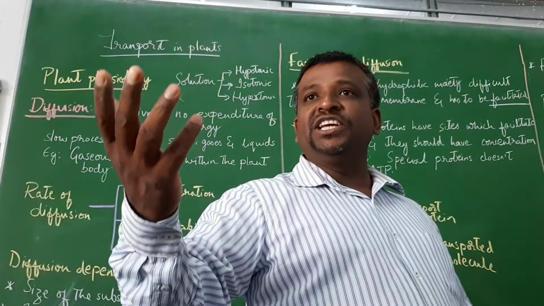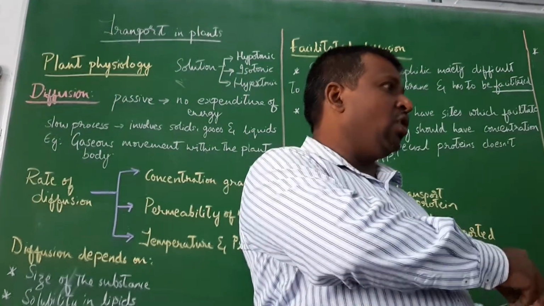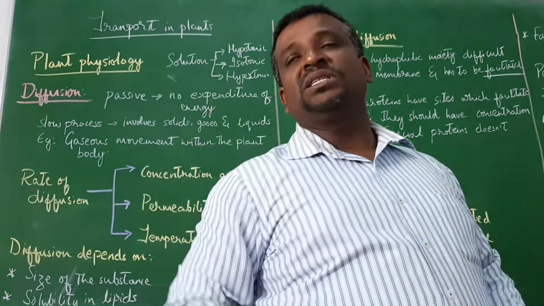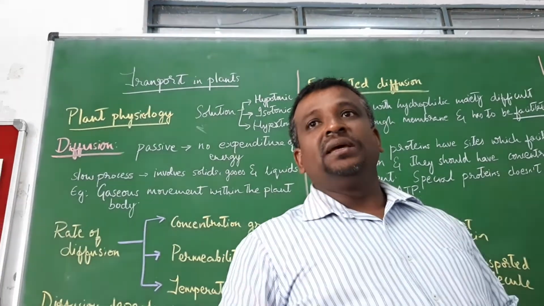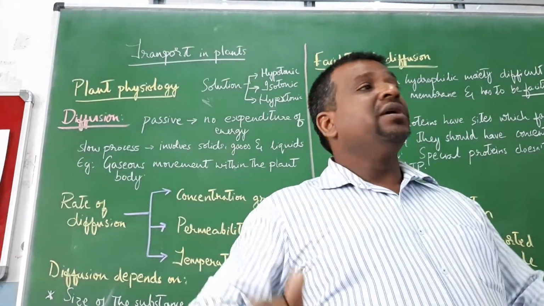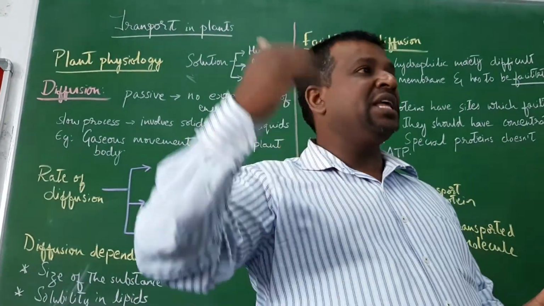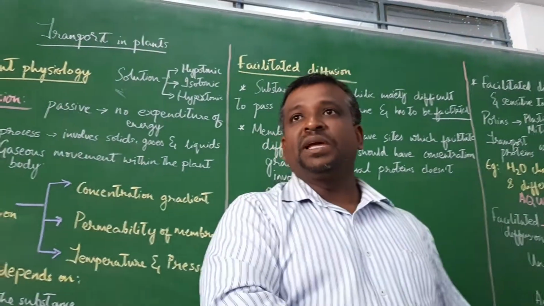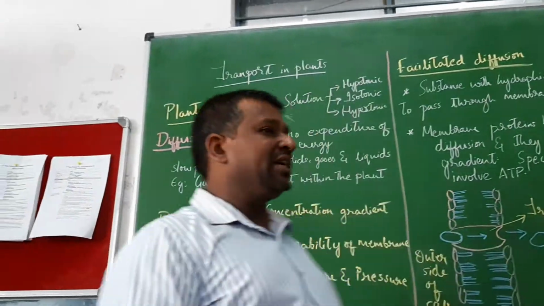Against the concentration gradient is the movement of solids, liquids or gases from a lower concentration to a higher concentration. For that, some expenditure of energy is required. So that is against the concentration gradient, which we are not going to discuss. Diffusion always takes place along the concentration gradient, from the region of higher concentration to lower concentration, and the rate of diffusion will be more if it is along the concentration gradient.